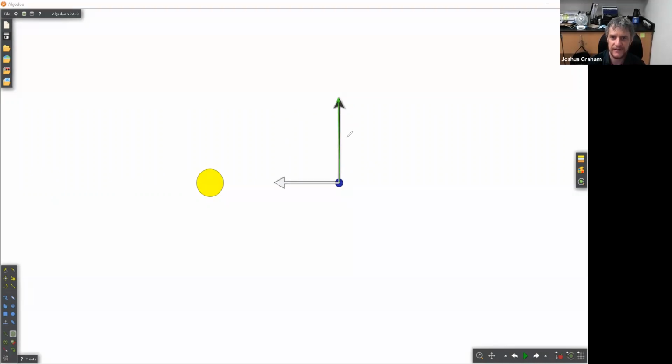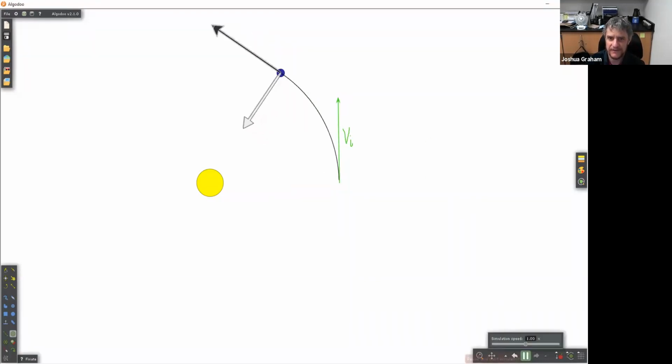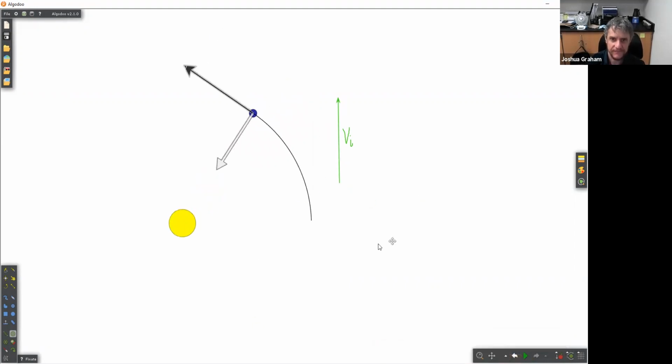I'm going to call that V i, and if you're in AP, because I'm going to use this video for AP as well, it would just be V naught, the initial velocity. Then I'm going to hit play and just let the Earth go for a while and then draw the final velocity vector. So let's say right there.